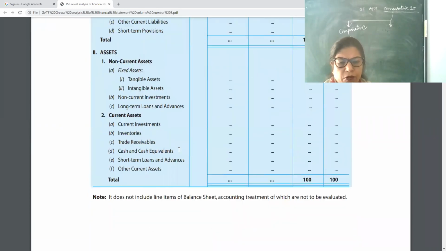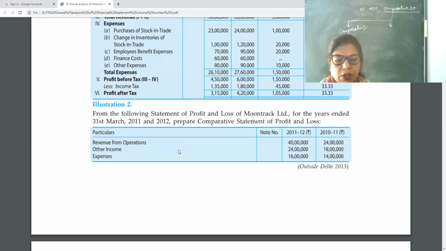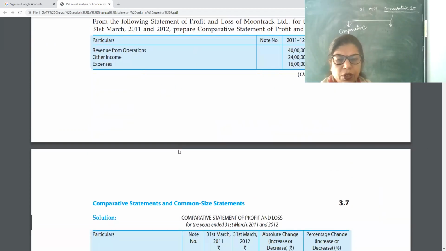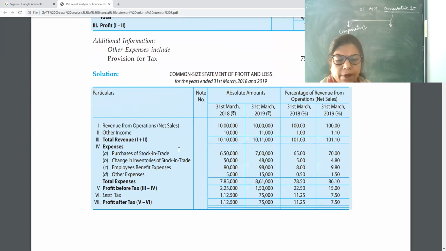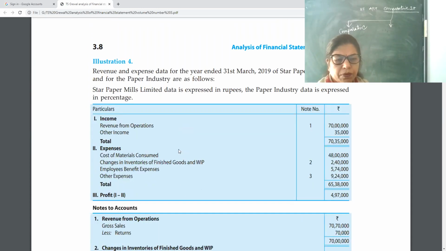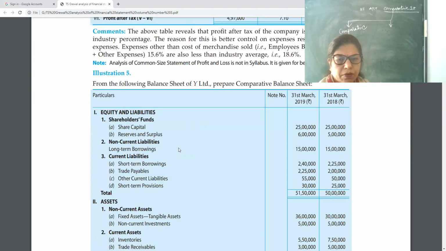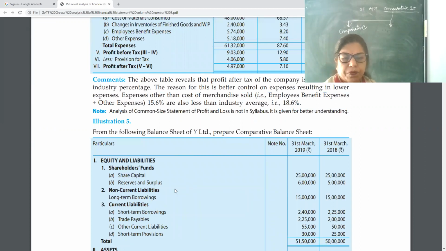First of all, we are going to do one question. Look at the board, then you will be able to understand how we are going to make the comparative balance sheet. See, note down please. From the following balance sheet of Y Limited, prepare a comparative balance sheet.